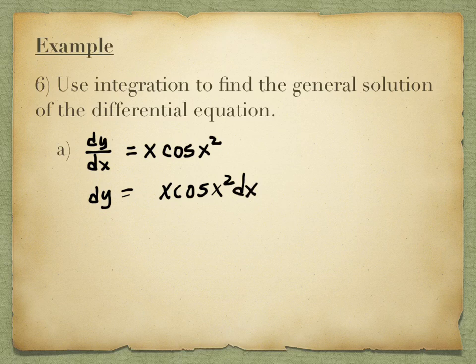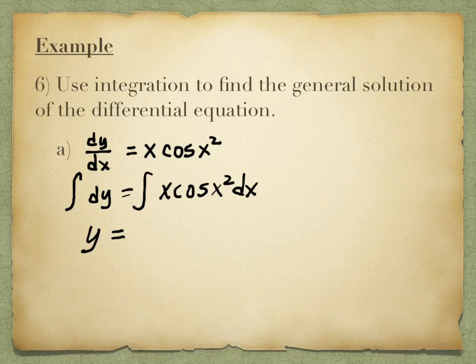And once I have it in that form, I can actually put integration symbols in and they make sense. Right? So on the left-hand side, what is the integral of dy? Y. Now very technically it's y plus c, but we're going to put a plus c on one side or the other. We don't need it on both sides, so I'm going to tend to put it on the right-hand side just by default.